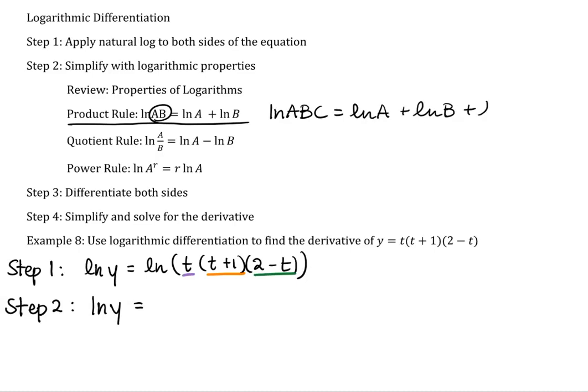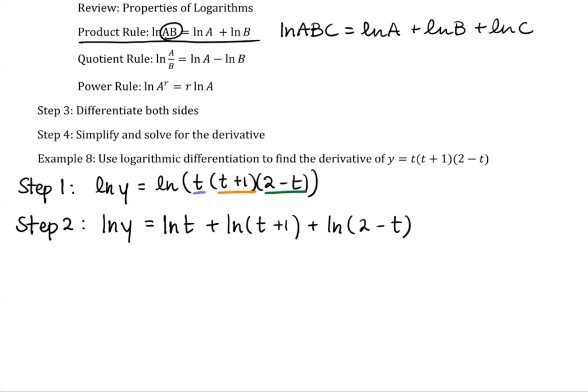It doesn't matter how many things are on the inside of the logarithm. If they're all being multiplied together, you can break them up into separate logarithms and just add them. So we have natural log t plus natural log of t plus 1 plus natural log of 2 minus t. That's us applying the product rule to break up that product on the inside of that logarithm into separate logarithms.